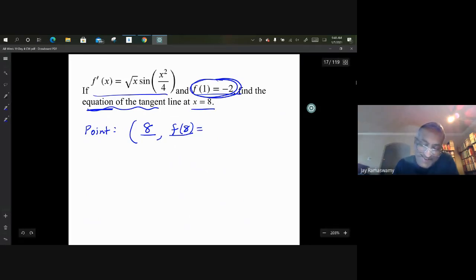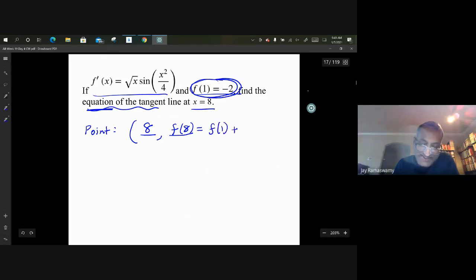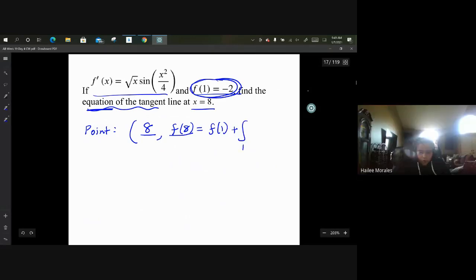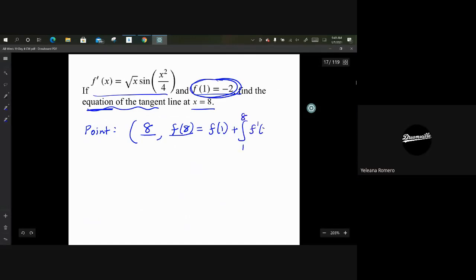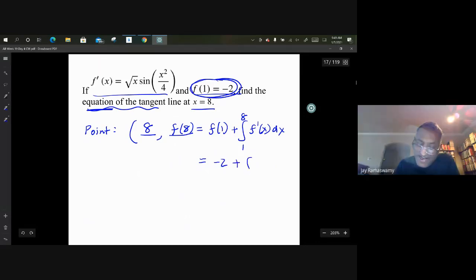So f of 8 equals f of 1 plus the integral from 1 to 8 of f dash of x dx. Is everybody okay there? So what's f of 1 given to be? -2. So -2 plus the integral from 1 to 8 of f dash of x dx.